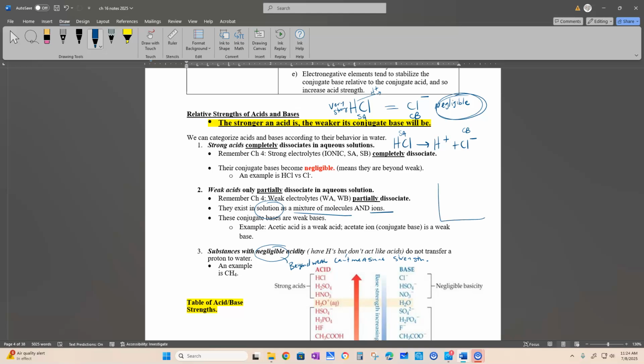So remember in chapter 4, when we drew those particle diagrams, we had the plus, we had the minus, but we still had the ginormous acid that was still sitting in there, okay? So these conjugate bases, they're still going to be weak. So the acids turn into a base, and that base is going to be a weak base. So whatever that weak acid is, it's going to turn into a conjugate base, but the base is still going to be classified as weak.